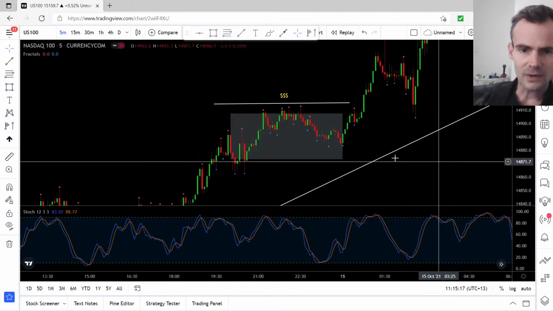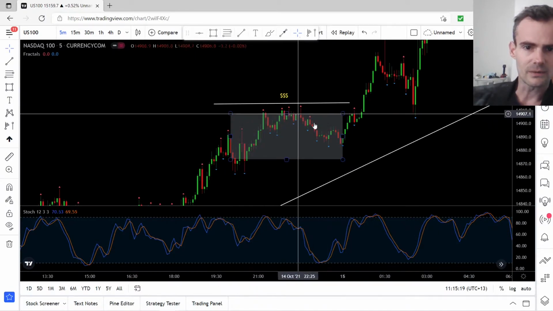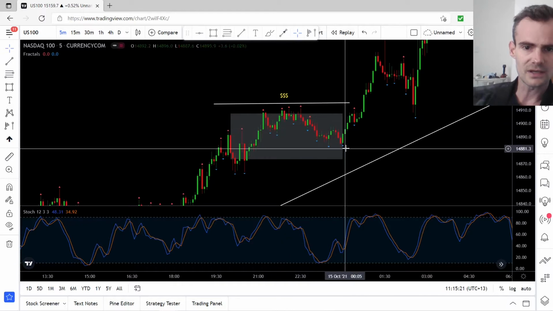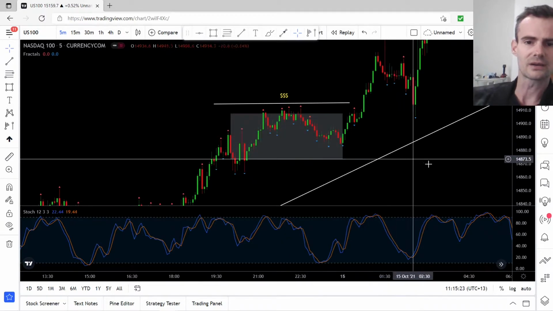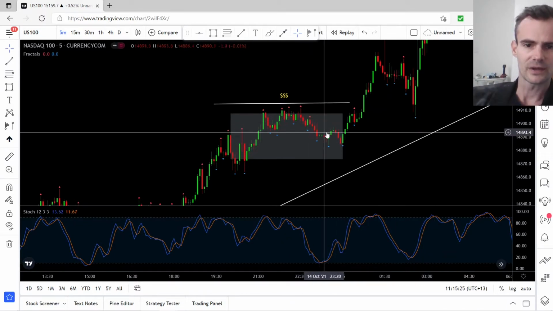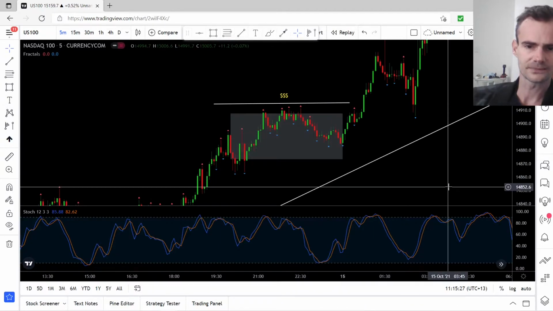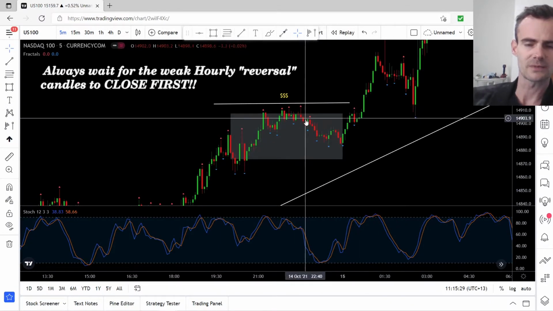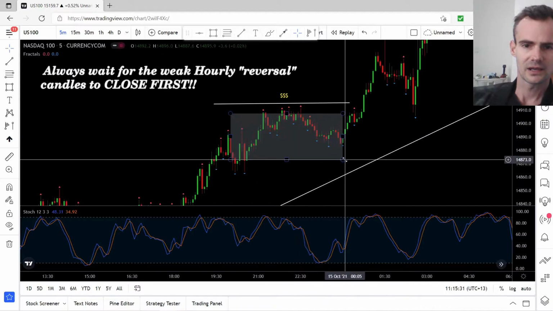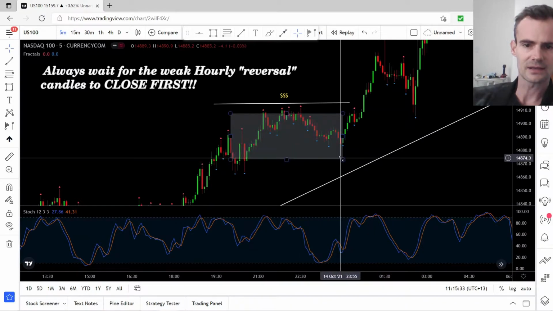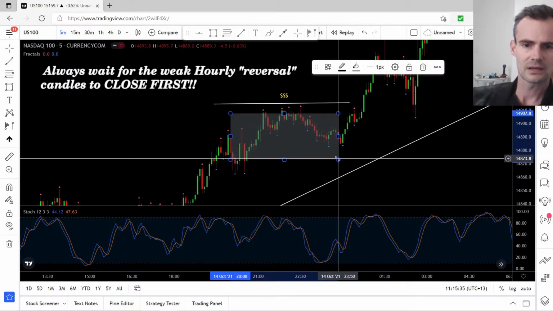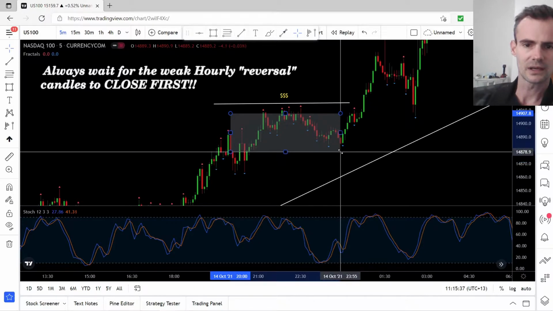Okay, so then basically what I do is we've identified this move to the downside from here to here would be that weak reversal candlestick, or there were two of them and they were looking weak. Okay, so what it is, market makers are trapping retail traders to the downside. So let's actually leave it there.